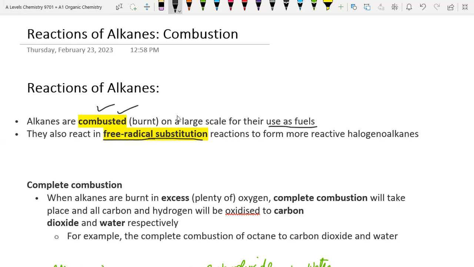Combustion is the burning of alkanes on a large scale as fuel, like in car engines, railway engines, industries, or burning of gas at home.